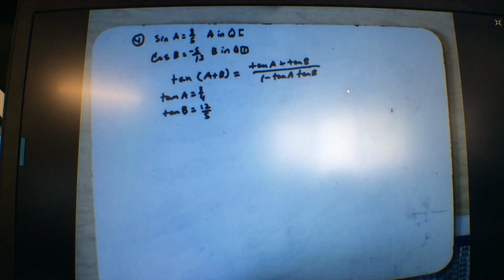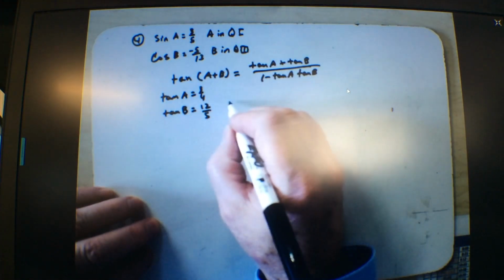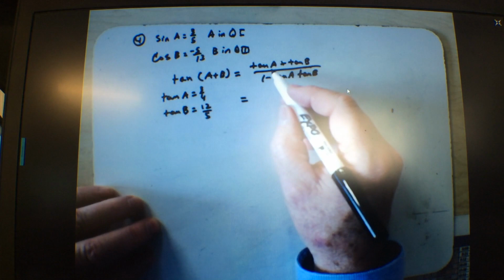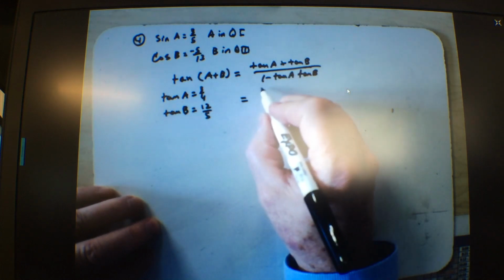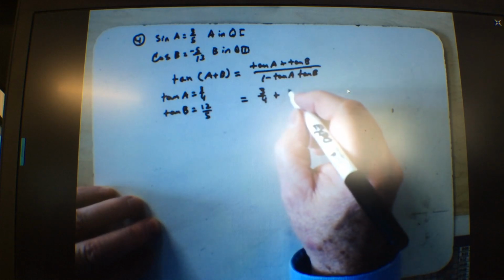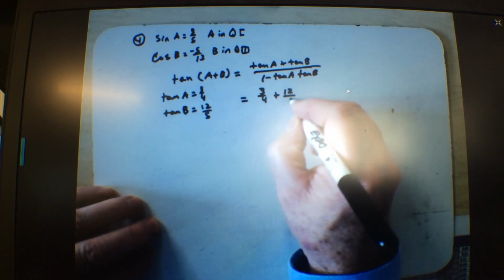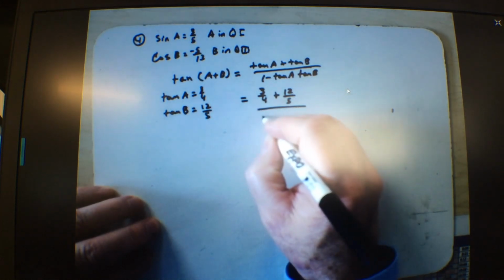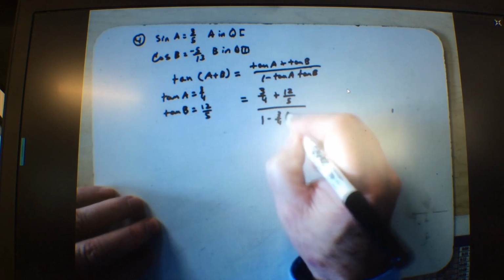Did we get that? So we would plug into this formula: the tangent of A, which is 3/4, plus the tangent of B, which is 12/5, all over 1 minus those two numbers times each other.